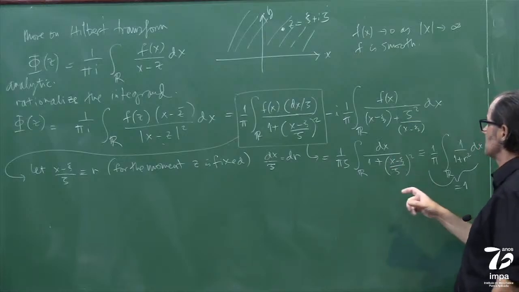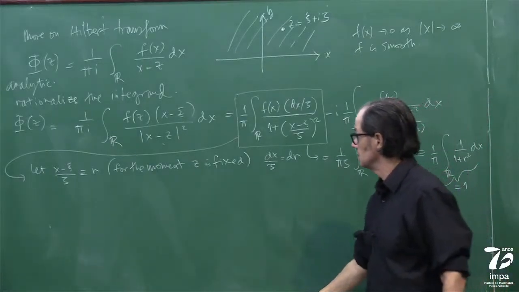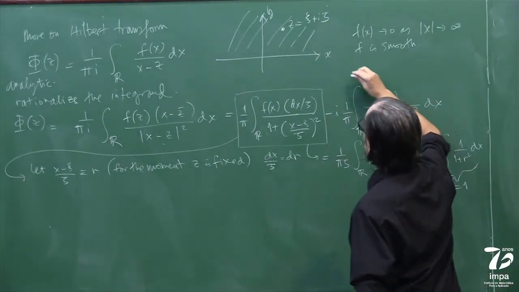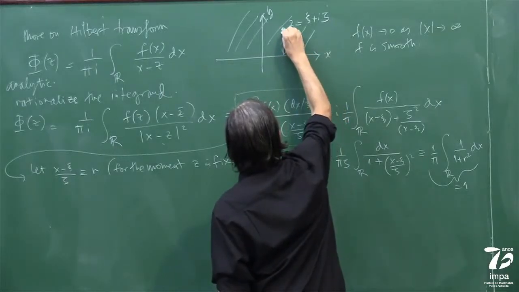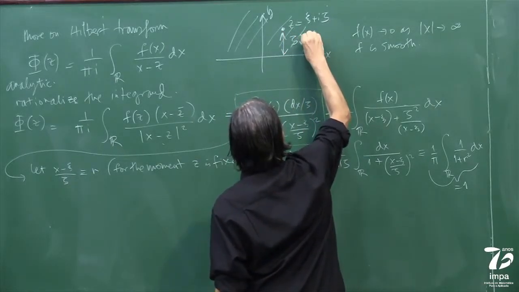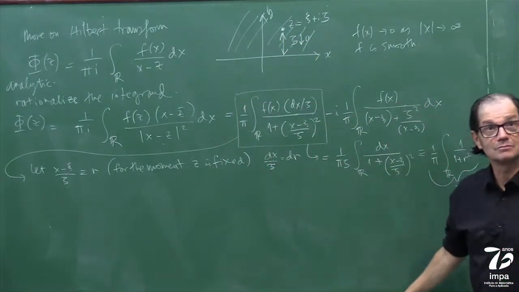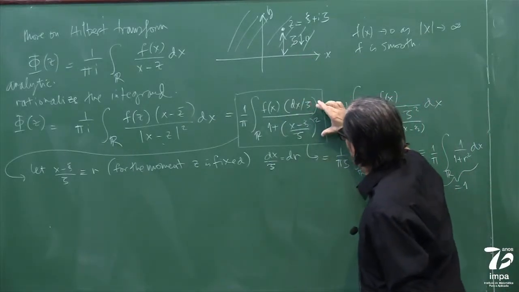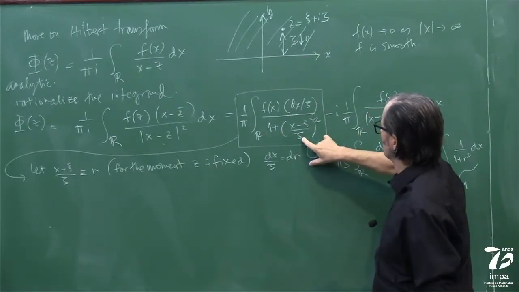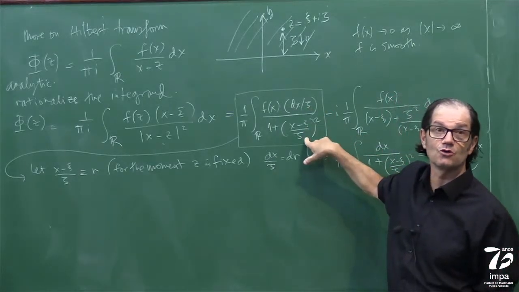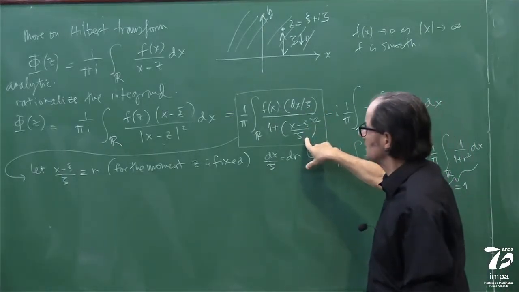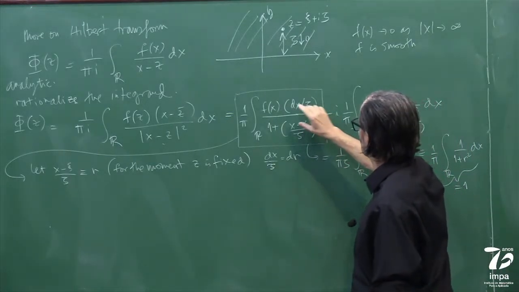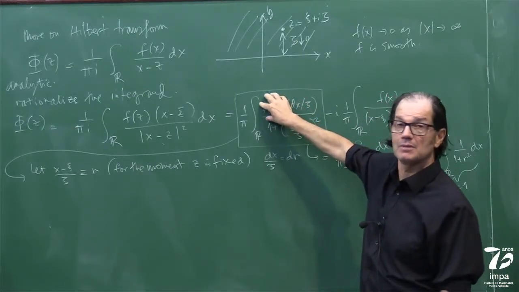Why am I doing this? Because we want to let zeta go to 0, right? So if I want to let zeta go to 0, I'm going to look at this, and whoa, when zeta goes to 0, something weird might happen. But no, it's not a problem, because let's forget about the f for the time being.